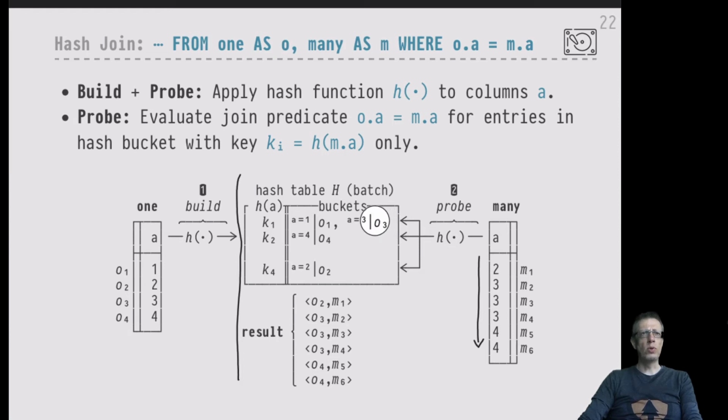This, of course, will require a comparison of the key values of row M2, which is A equals 3, with the key values that have already been placed in the bucket. And we find a match here. So M2 can be joined up with O3, and this is indeed found in the output.